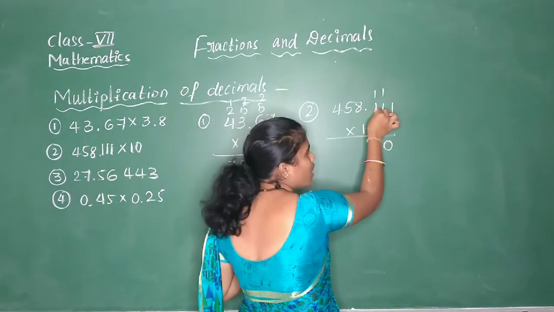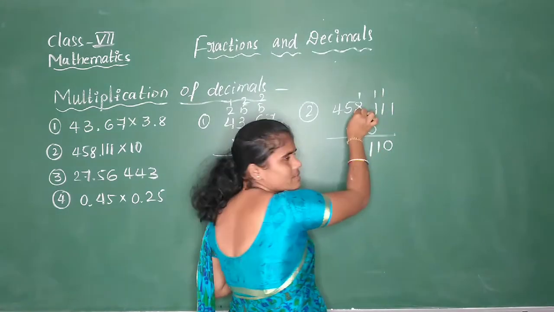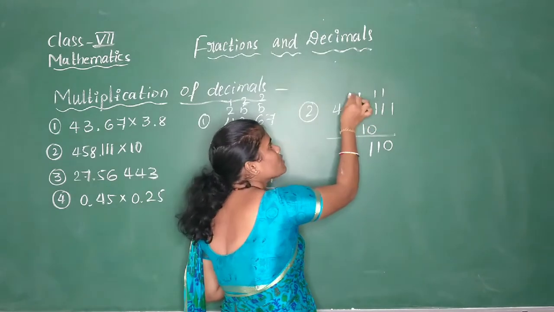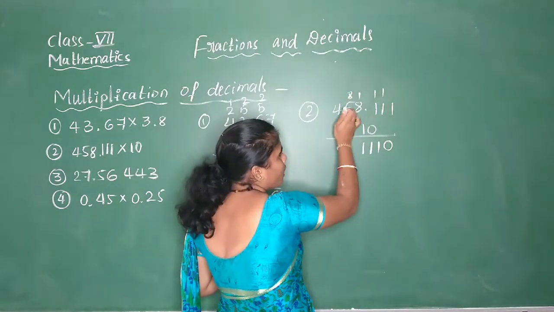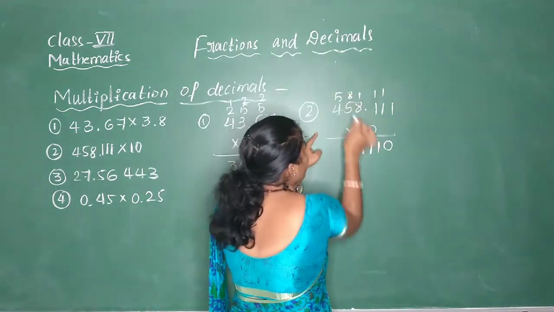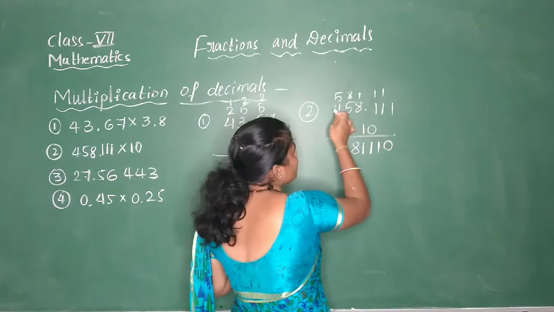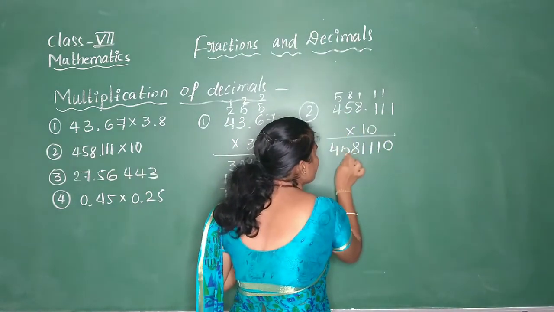Next 10 ones are 10, 10 plus 1, 11. Next 10 eights are 80, 80 plus 1, 81. Next 10 fives are 50, 50 plus 8, 58. Next 10 fours are 40, 40 plus 5, 45.